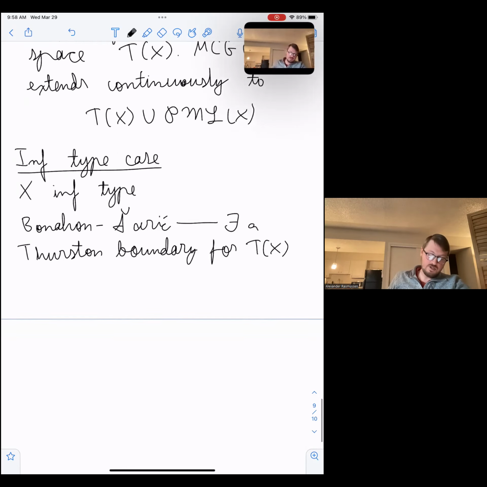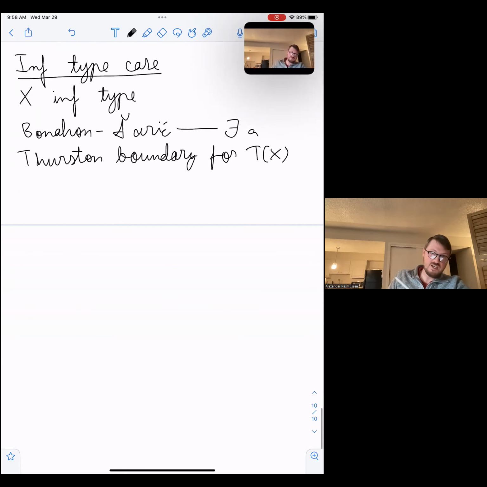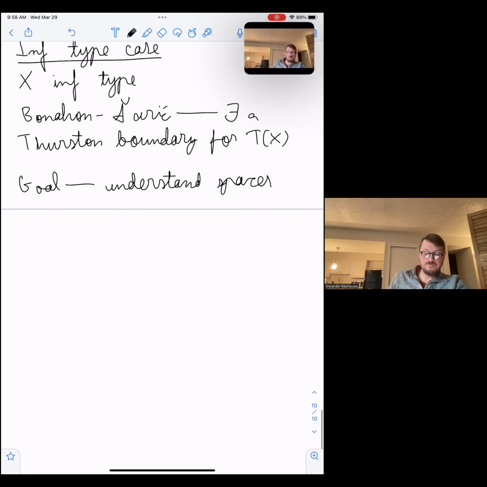Okay, so it's some big new tool that we have for studying mapping class groups of infinite type surfaces. And again, in order to really take advantage of this tool, we'll need to understand spaces of geodesic laminations a lot better. So in particular, what kinds of spaces of geodesic laminations are there? Well, there are a lot. We have these cones of transverse measures, M of lambda. We already introduced these.